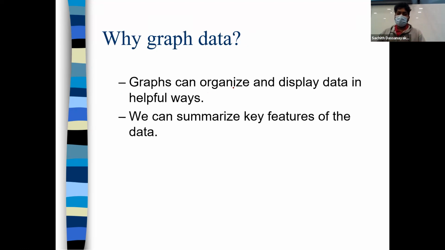A graph is like a picture that gives us a precise idea about our data set. These graphs organize and display it in a very clear way, so we can understand what is going on here, what this data set is. Simply, we can summarize our data set by using a graph.